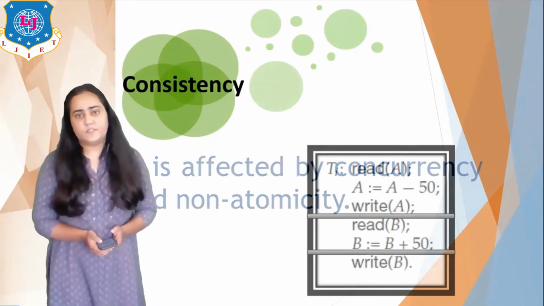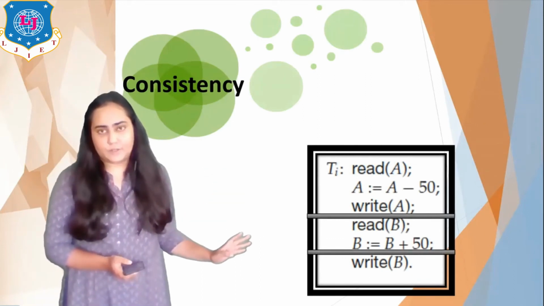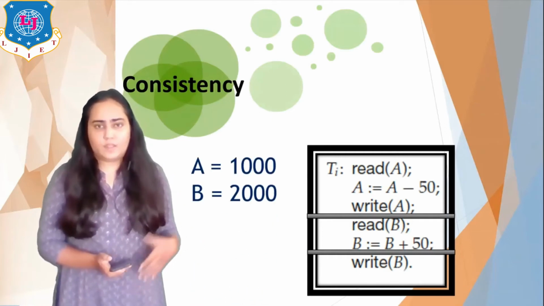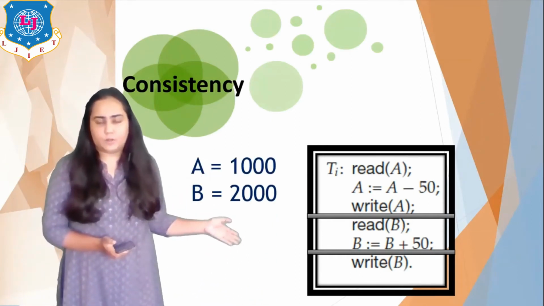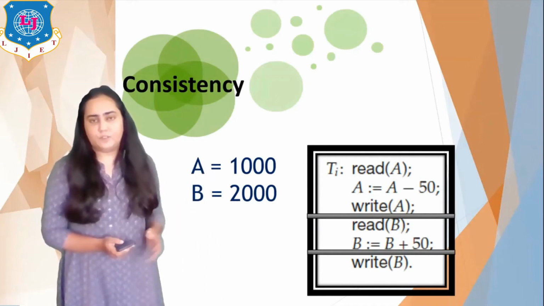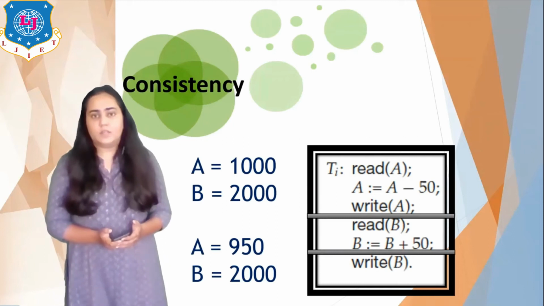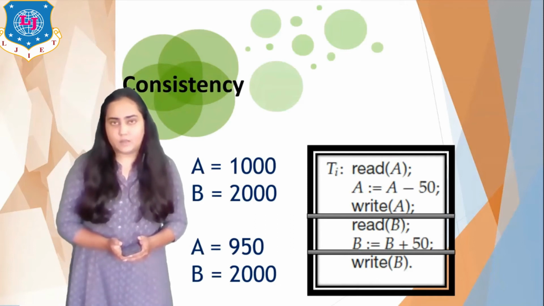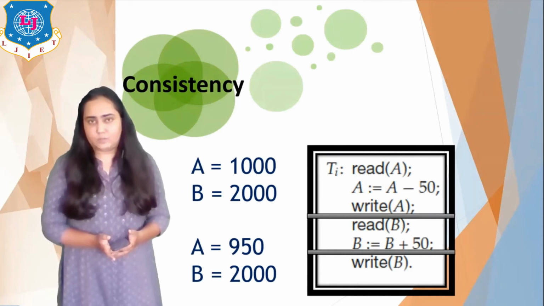Now this brings us back to our previous example, where I told you that if atomicity is not followed, then it can happen that the original values of A and B are 1000 and 2000, but after the transaction executes, and because it fails, it might become 950 for A and 2000 for B, which is of course incorrect because the total of A and B does not match in both the cases.